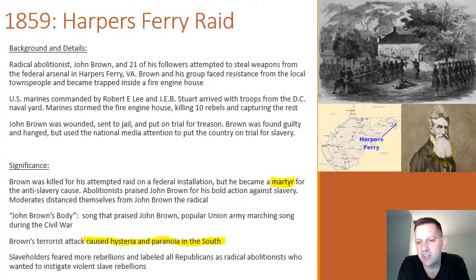He's a radical like John Brown. That wasn't the truth, but there was a lot of conspiratorial thought going on in the South. And the fear of slave rebellions and all Republicans being labeled as radical abolitionists, this would go on to become one of the biggest reasons why the South eventually decides to leave.